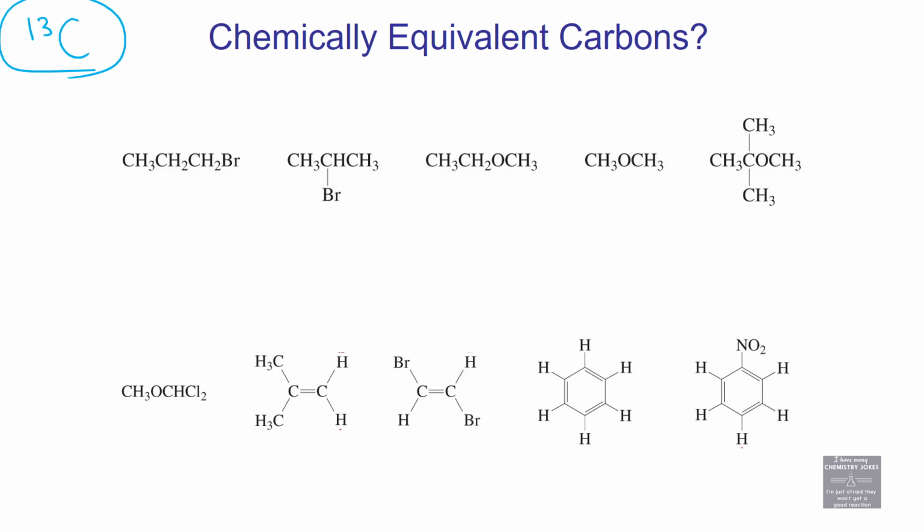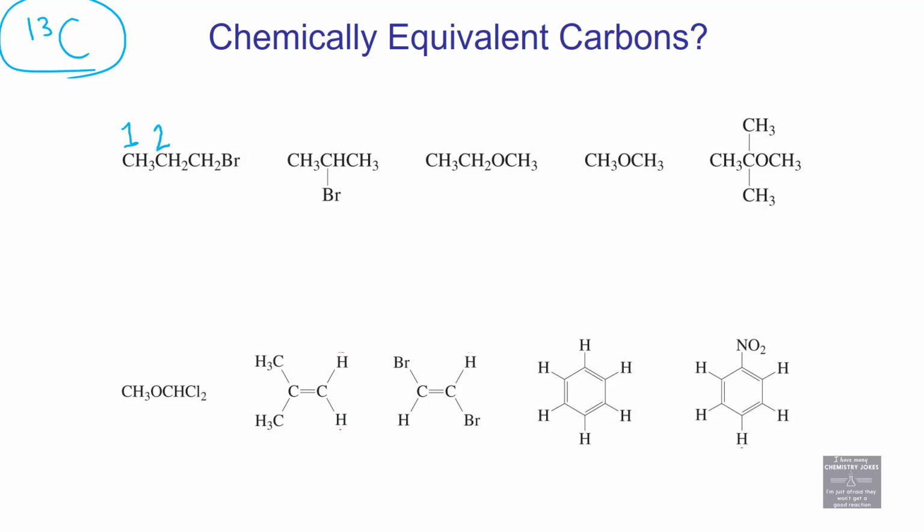If we look at our first molecule here, we've got CH3, CH2, CH2, Br. Well, I only said CH3 one time, so that leads me to say that the carbon of CH3 will show up as a unique signal. There's no other carbon that has the same sort of environment as that carbon, because that's a CH3 carbon and the others are CH2s. That's the first layer of comparison.